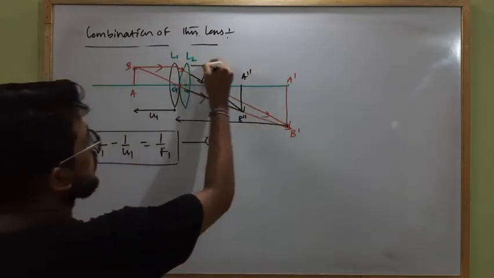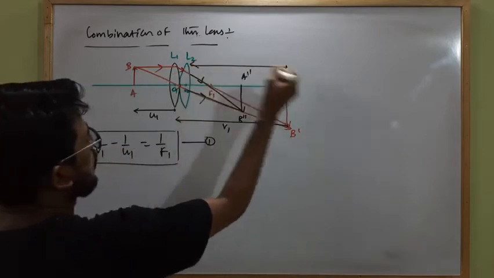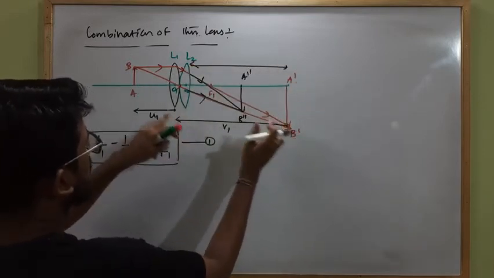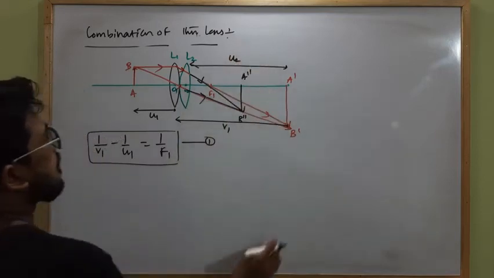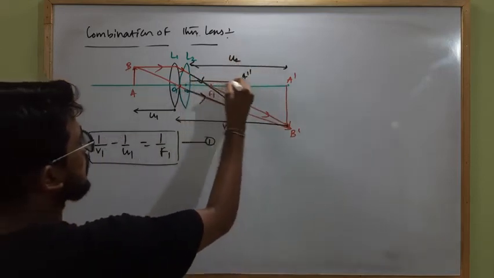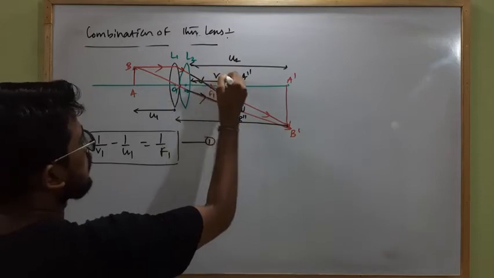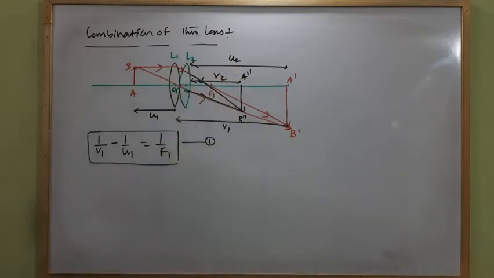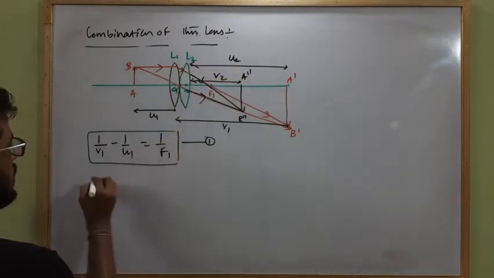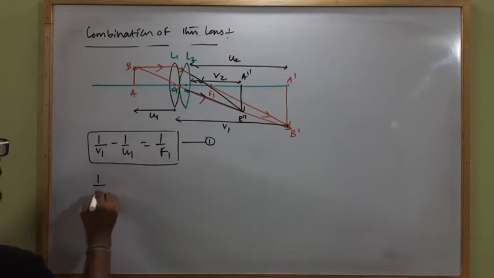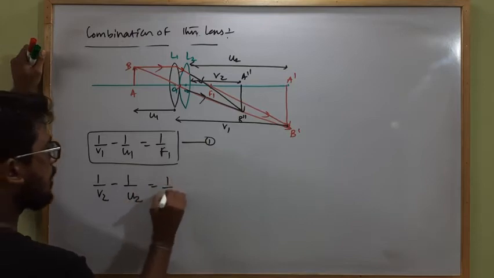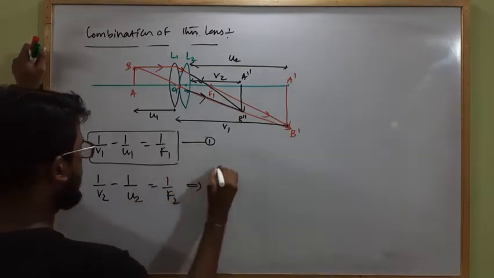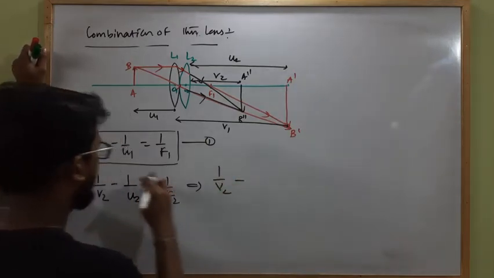So here this will become what? The image distance of the first lens will become the object distance for the second lens, and this will become the final image distance V2 after refraction through the second lens. So here we can write 1 by V2 minus 1 by U2 equal to 1 by F2, or this can be written as 1 by V2 minus, what is the value of 1 by U2?